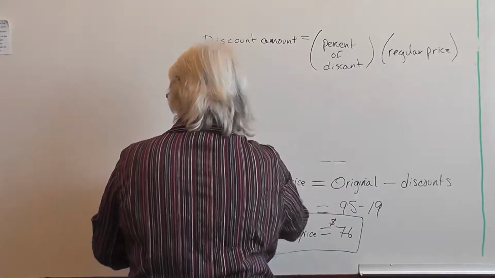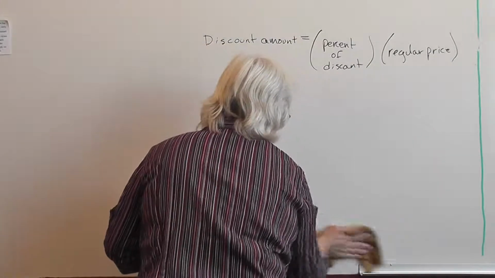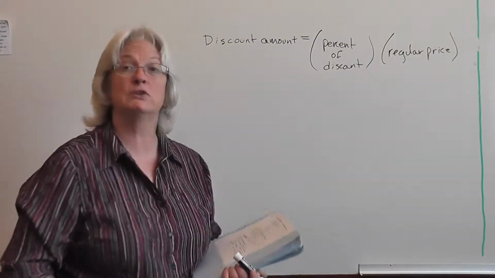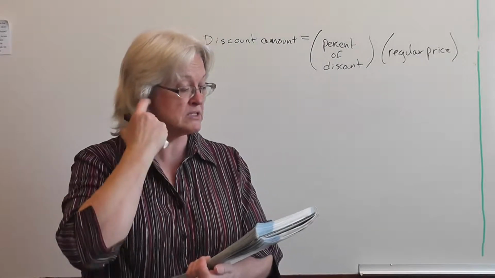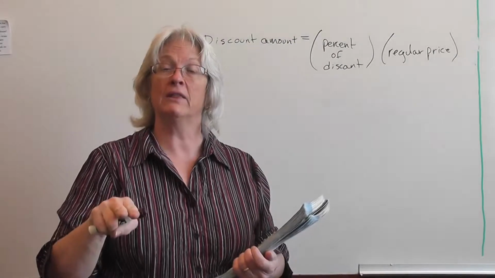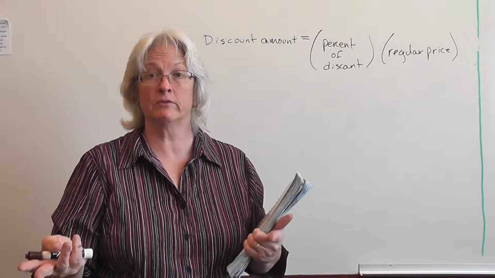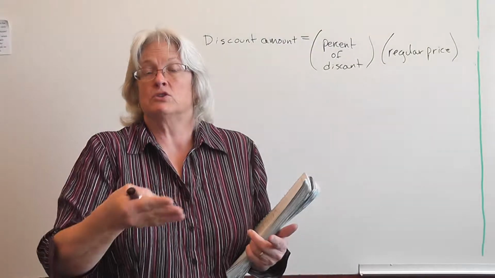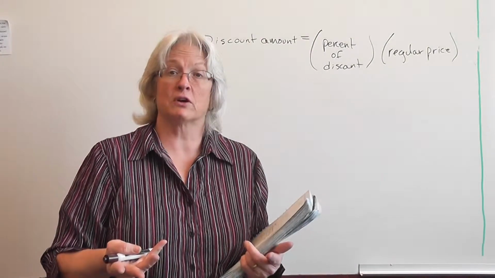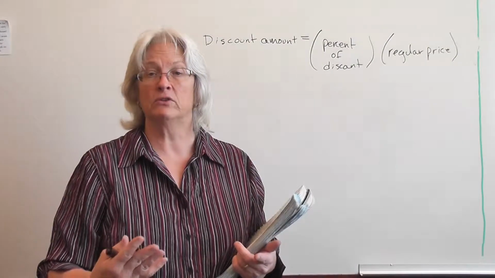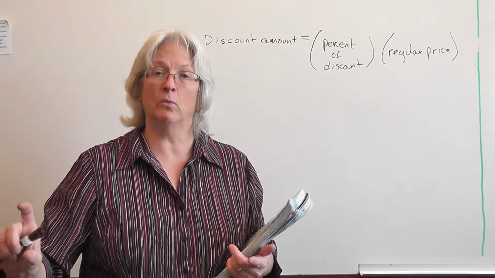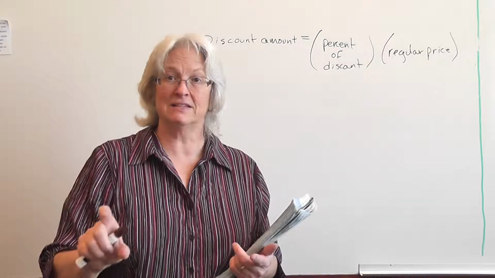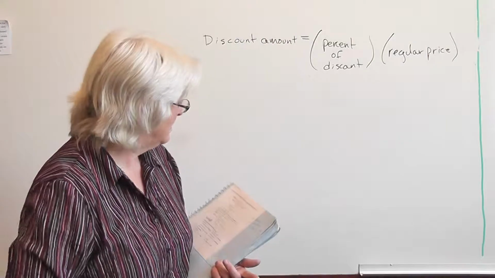This is another one that's labeled as example 1 on page 331, and our problem says find the discount and the sales price. Why do you have to find both of them? Well, just knowing that you get to take $17 off something is of no value to you unless you know what effect that discount has on your sales price.